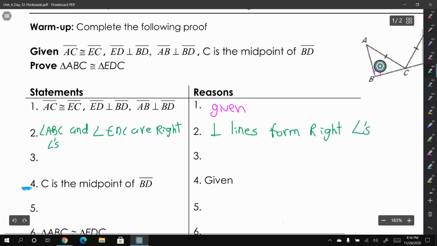Now, if they're both right angles, they're congruent to each other. So angle ABC is congruent to angle EDC because all right angles are congruent to each other.